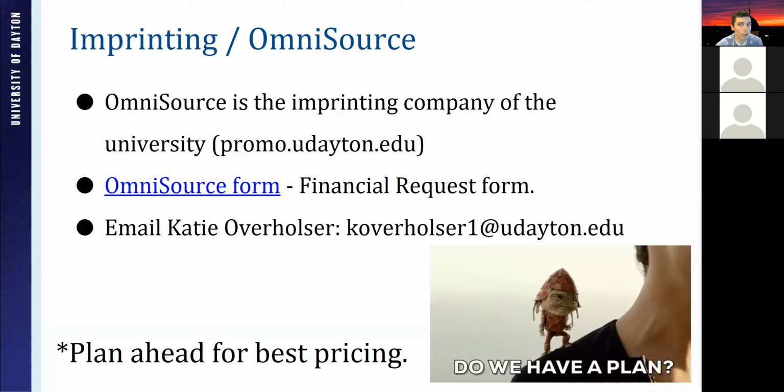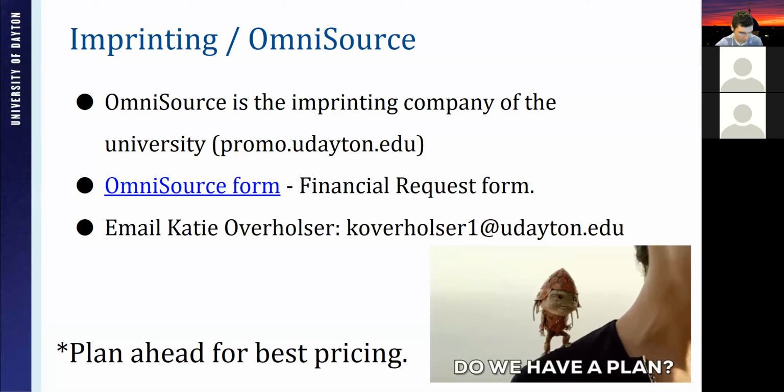So you would email her, she would forward that on to OmniSource, and then an OmniSource representative would contact you directly to work on making sure that the design is what you want, the writing is what you want, the cost is where it needs to be. If you say you want a really elaborate design and it's going to be too much, they could help you either take colors out of the design, or maybe only do a front or a back instead of a front and back.